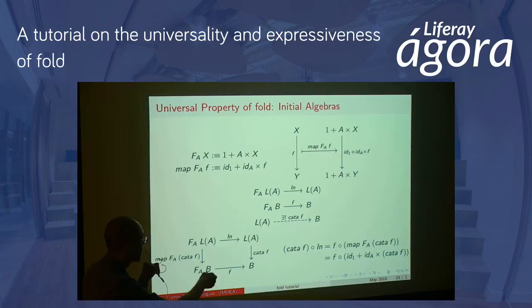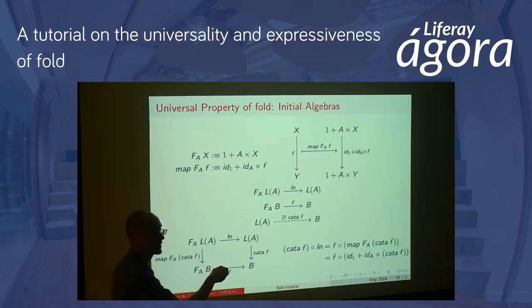So an initial algebra for that functor will be an object together with an arrow going from the functor applied on that object into that object. That will be such that the following universal property holds: for any other algebra on that functor, there will be an algebra morphism.